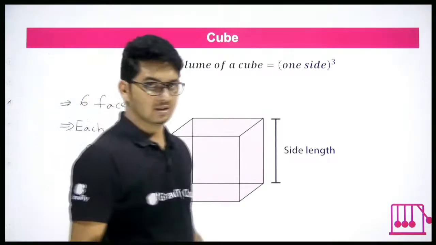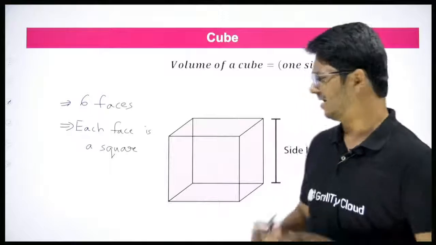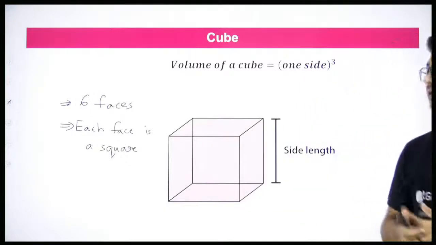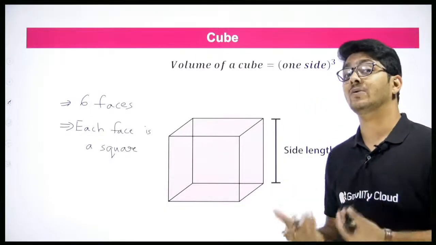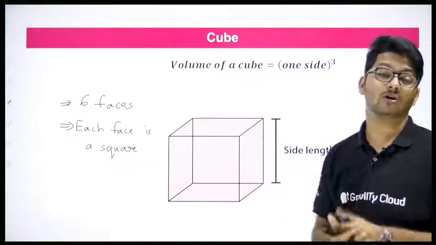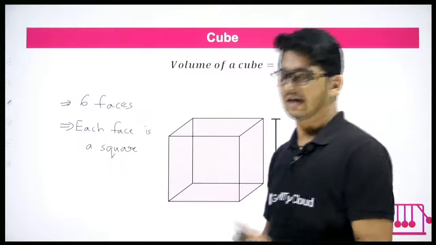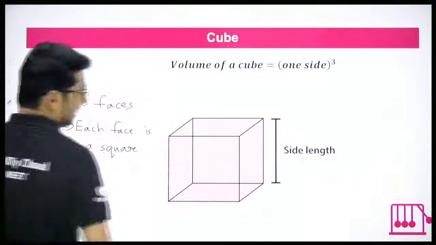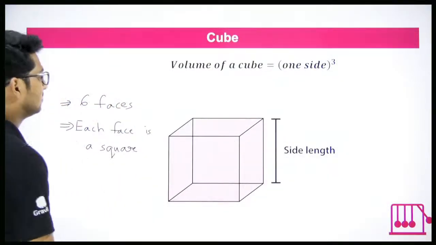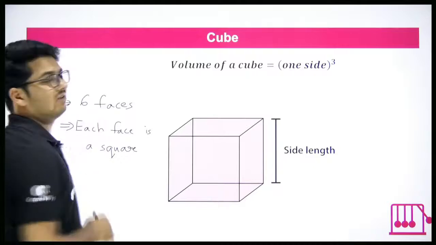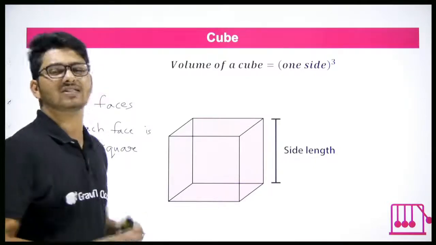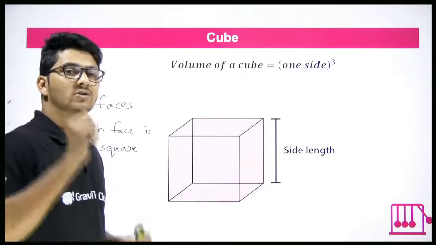In detail, you will learn those in maths. Need not worry, but I'm just giving a simple idea so that we can go into the volume occupied by a cube. There's a simple formula for that. Before that, one more interesting point of a cube is, every side will be equal because every face is a square. In a square, all the four sides are equal.